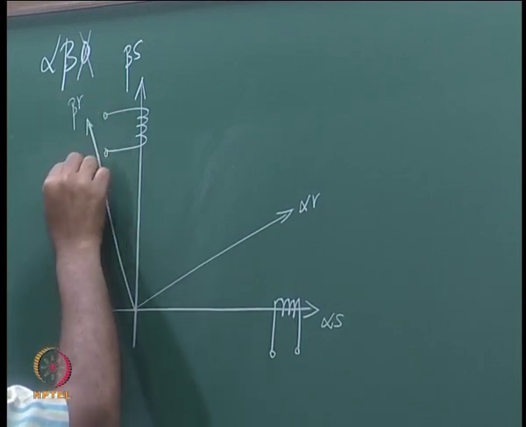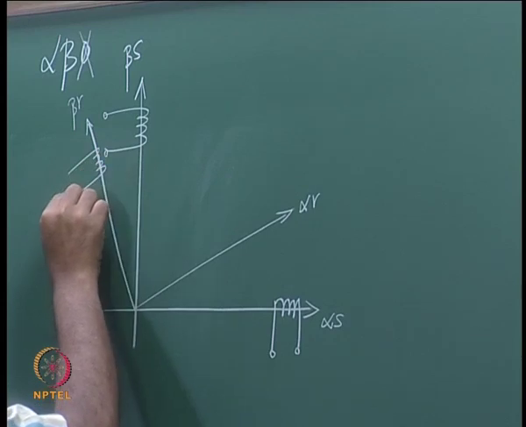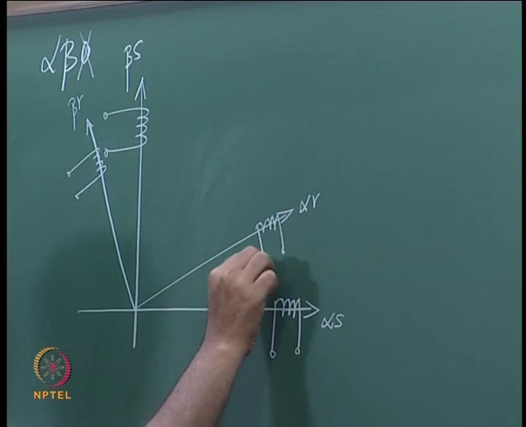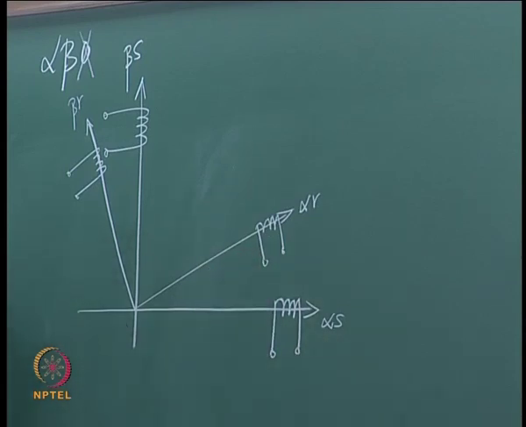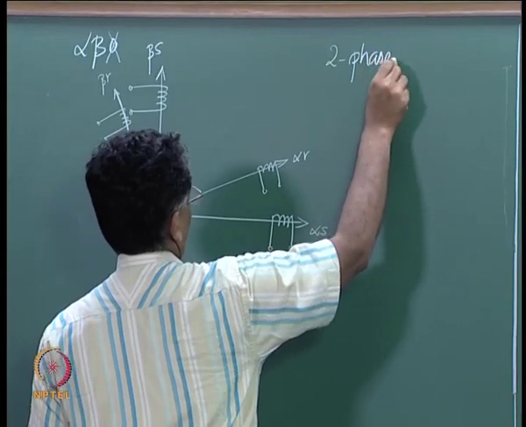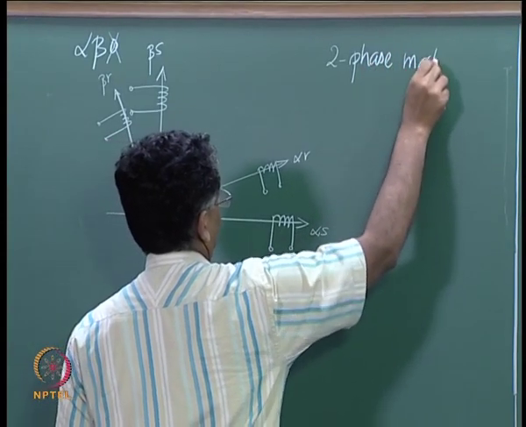So you have a beta r coil and an alpha r coil. So this is a representation of your 2-phase machine, neglecting 0 sequence components.